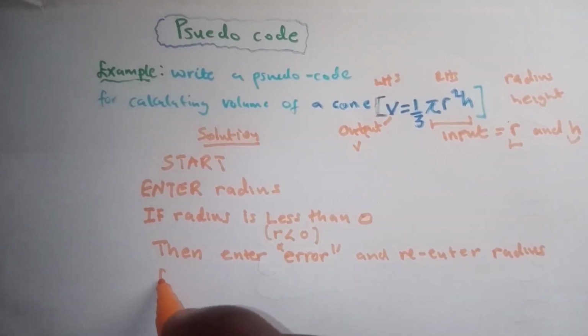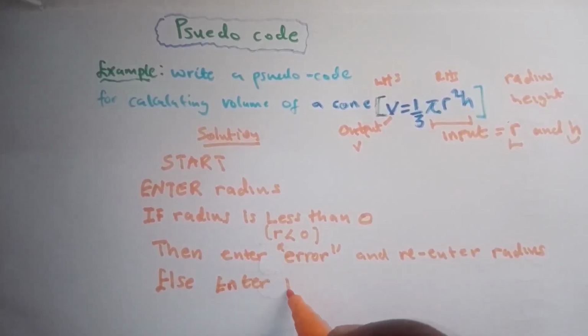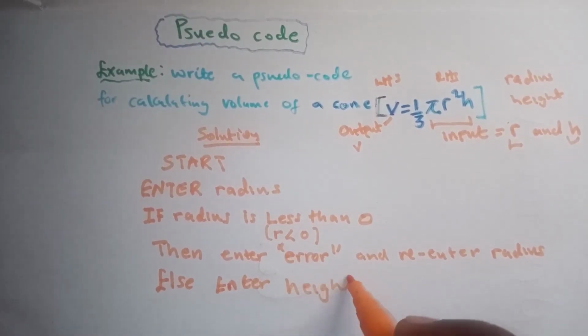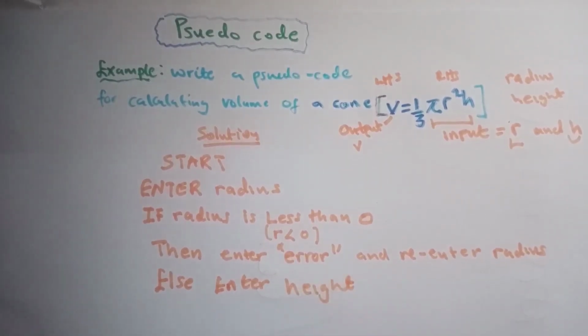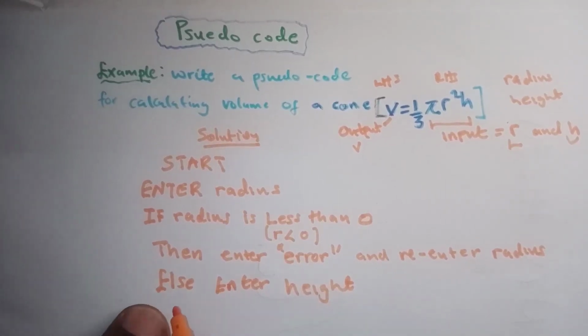Then you're going to say else enter height. The else here simply means that no, the radius is not less than 0, meaning it's greater than 0. So you proceed and enter height.